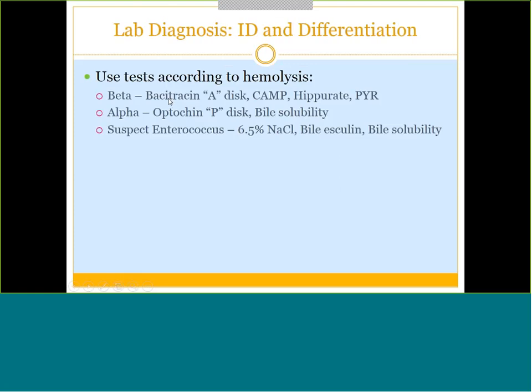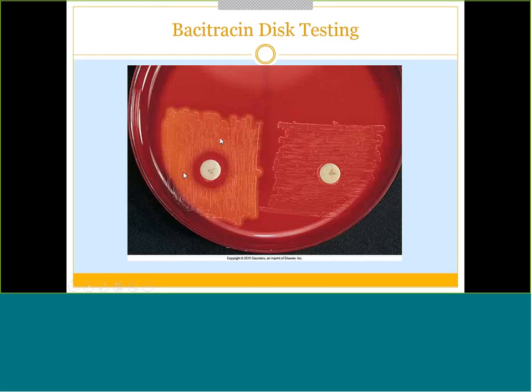Again, bacitracin A disc is run on our beta streps. So that's Strep pyogenes and Strep agalactiae. Strep pyogenes, which is group A strep, is susceptible. So the left side, group A strep, Strep pyogenes, is very much susceptible to bacitracin. Group B strep, Strep agalactiae, is resistant.